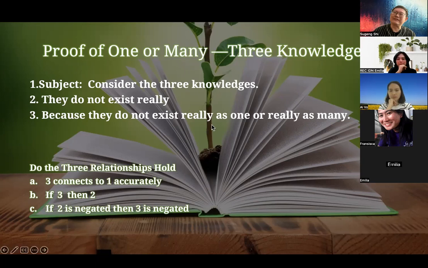You can use this on, let's say, an angry husband. When you look at an angry husband, he does not exist really because he does not exist really as one. Is the angry husband one? No, he has his parts. He has his body. He has his anger, and there are moments also to the anger.